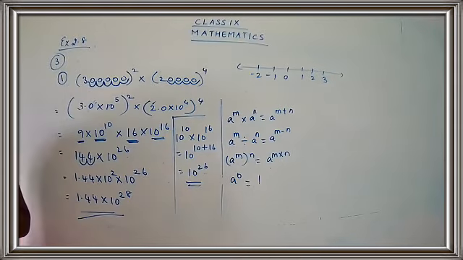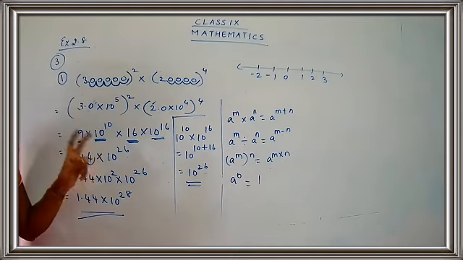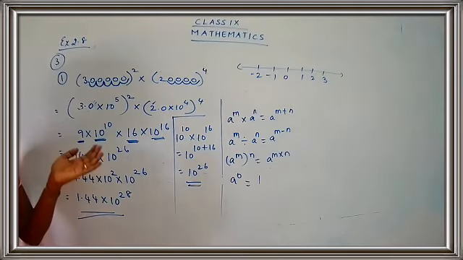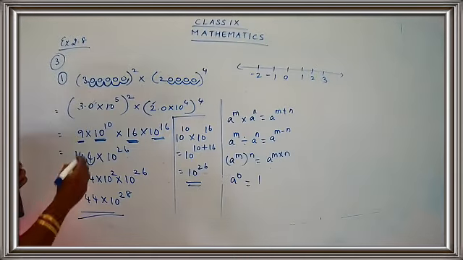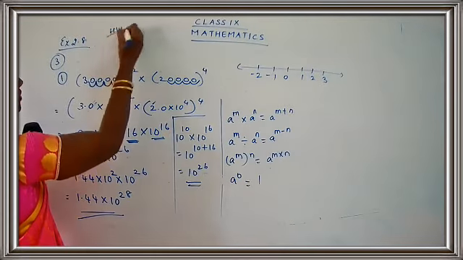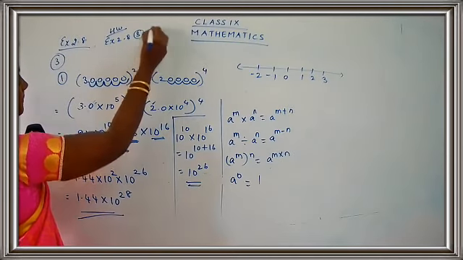Okay, now let us go for the second sum. The first question was based on multiplication and they have given you the second subpart as division. So I'll be doing the second subpart, and the third subpart is a combination of multiplication and division, which will be done by you. So the third sum is your homework. Homework is exercise 2.8, question number 3, the third subpart.